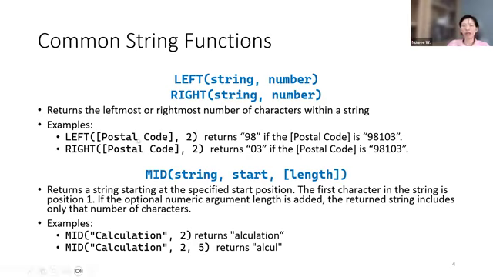So this is an example. Left, if you have postal code, 2, it means it will return 2 left characters from postal code. If your postal code is 98103, then it's 98, right? So I think we can go through fast, because it's quite common in many programming languages.